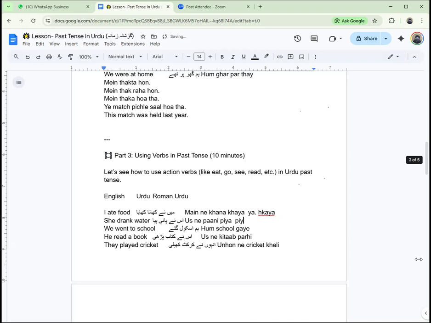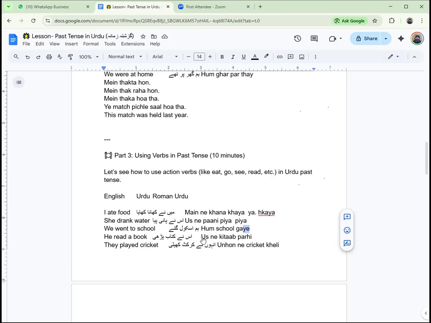And the next is हम school गए. Gaya ends on ya, in fact, but in Urdu, ya has two types. One type sounds a, and one type is for plural, ends with a, and for female it's, उसने किताब पढ़ी, ends with e.